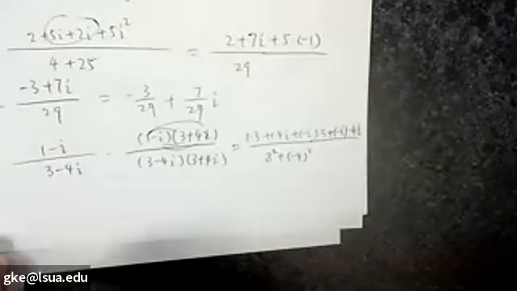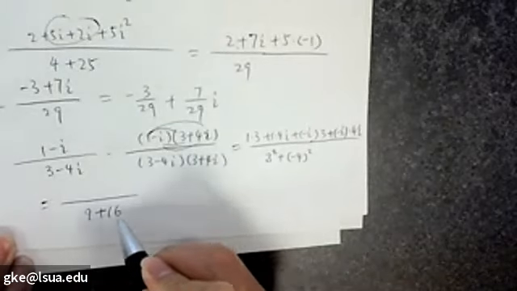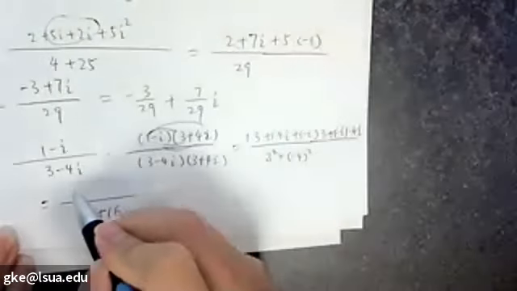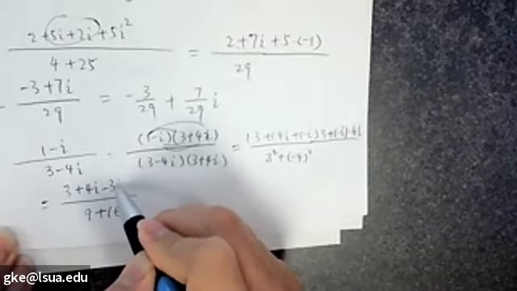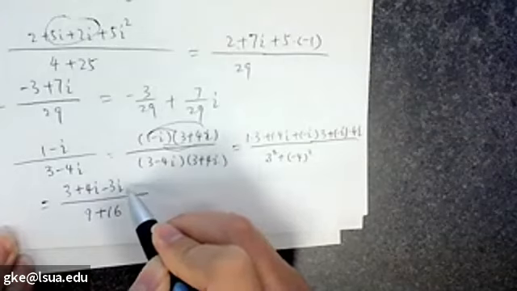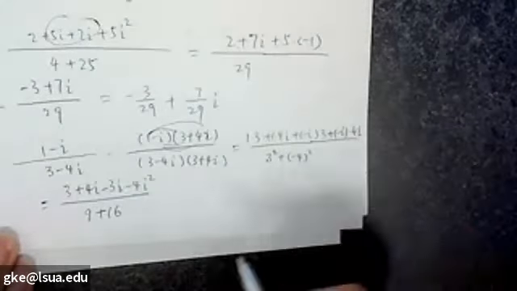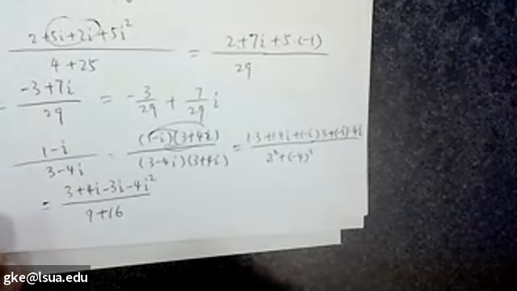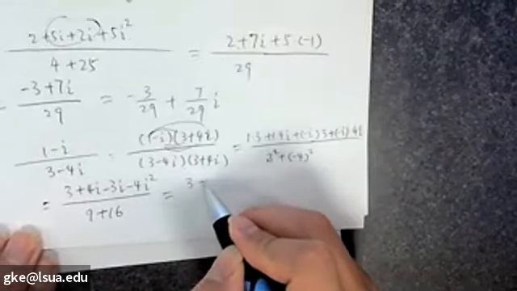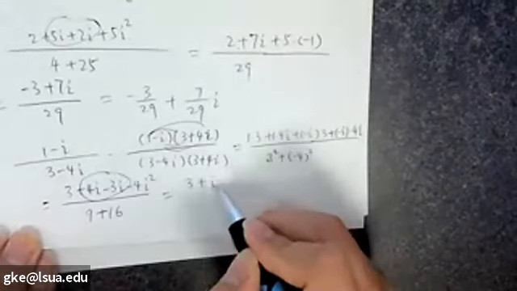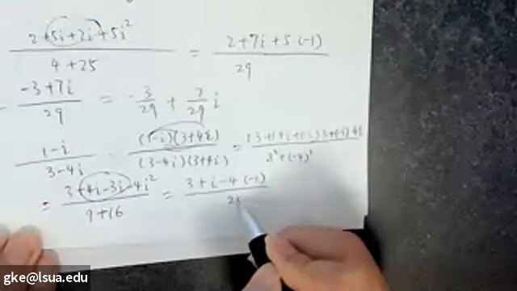And then you can simplify it. 9 plus 16. 3 plus 4i minus 3i, negative 4i squared. So negative i times 4i, so here is negative 4 times negative 1, 25.